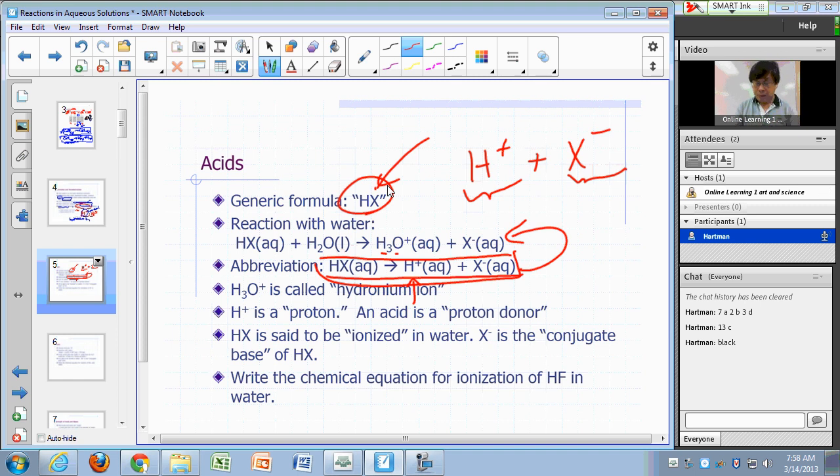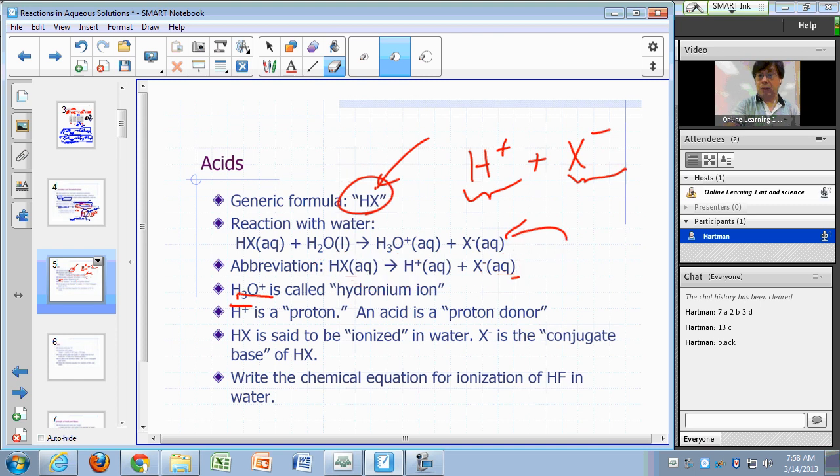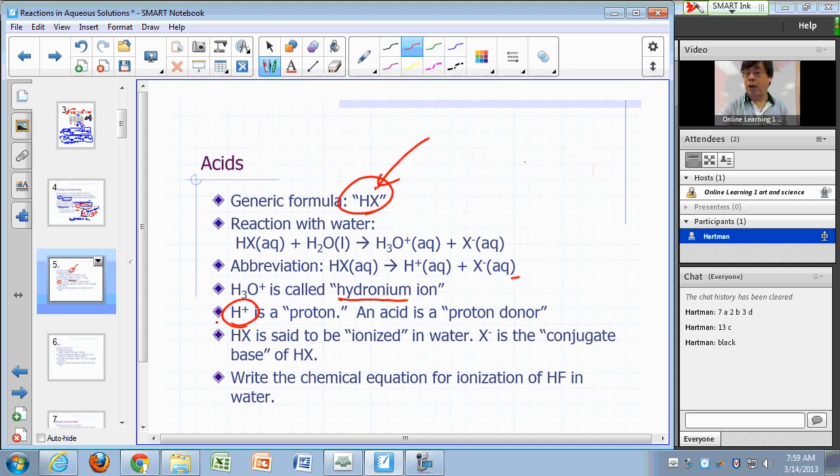Okay, and like I said, H3O+ is called the hydronium ion. And H+ is also commonly referred to as just a proton. Why is it a proton? If you recall, a hydrogen atom consists of one proton and one electron, right?